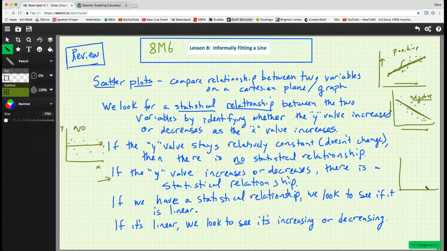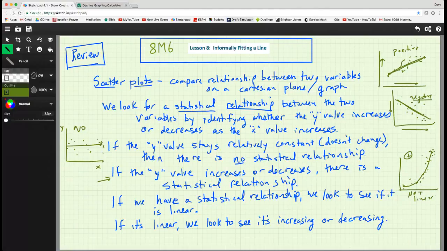Sometimes we'll get some data that looks something like this, where there is a positive relationship, but it's more of a curve than a straight line. So this would be a positive statistical relationship, but not linear.